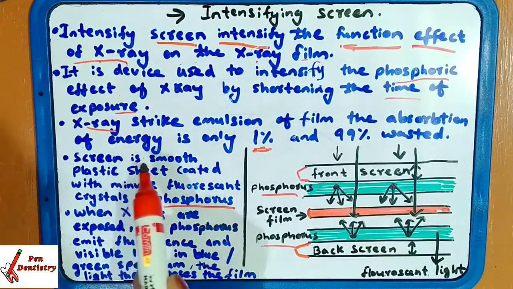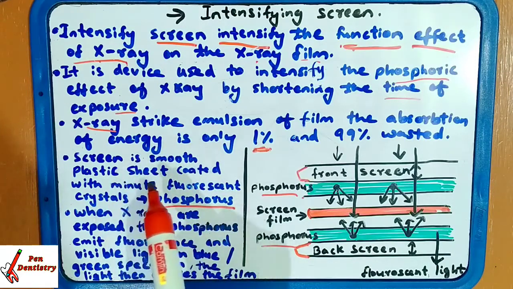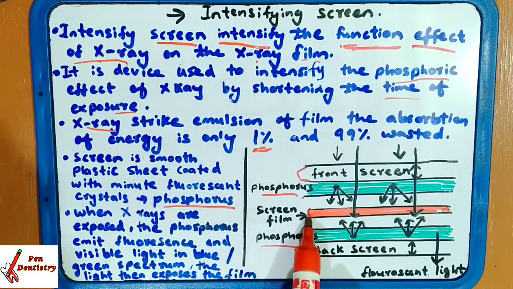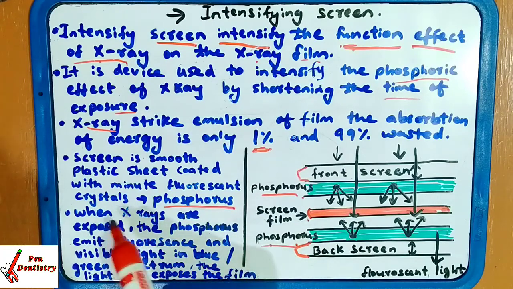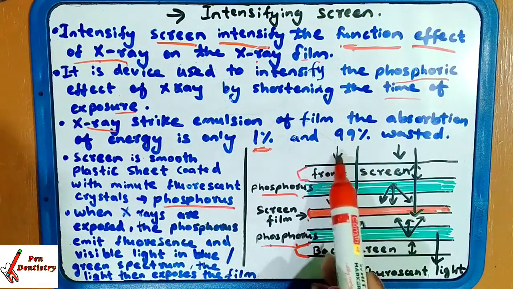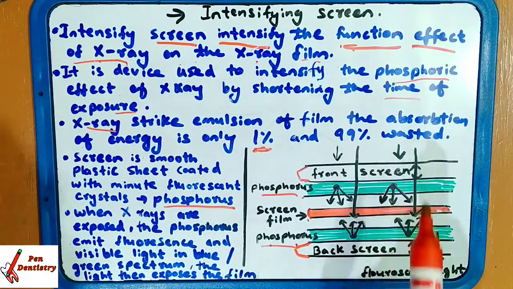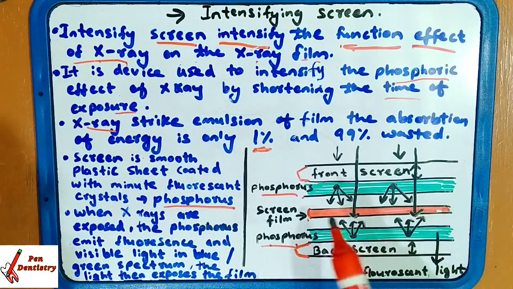So the screen is a smooth plastic sheet, and in between the plastic sheet, it is coated on both sides with phosphorus crystals. When the X-ray is exposed, these are the X-ray beams. When it exposes the film, the phosphorus emits, what is it going to emit?